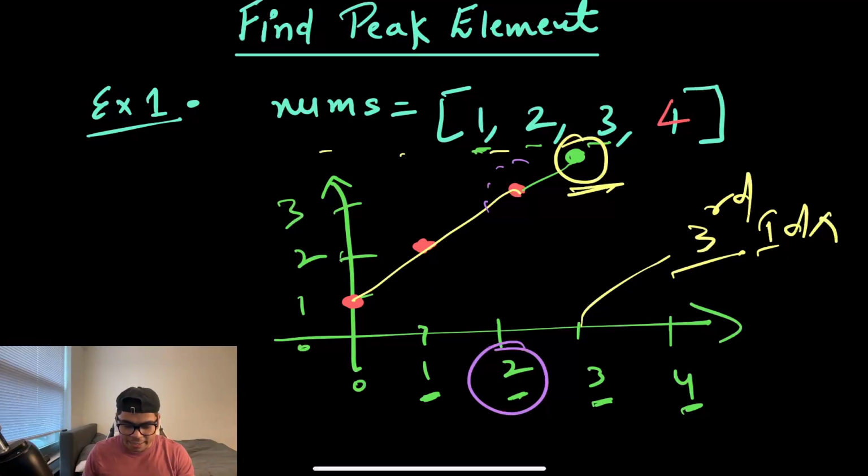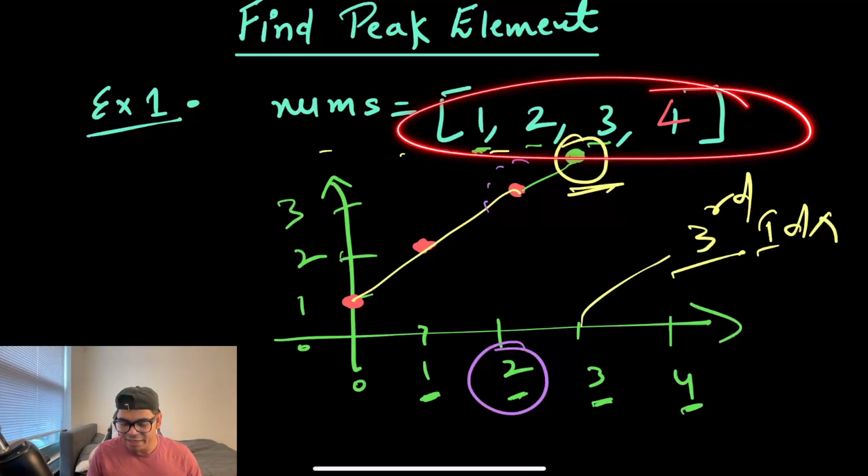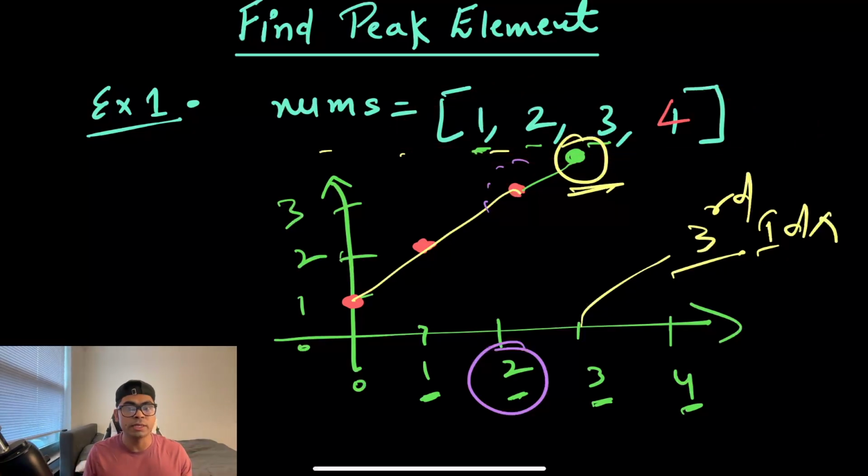Then you need to decide which side you need to search, right? So how do you actually decide that? That's the tricky part, because there is no straightforward approach that makes you think, because this particular array might not be sorted.